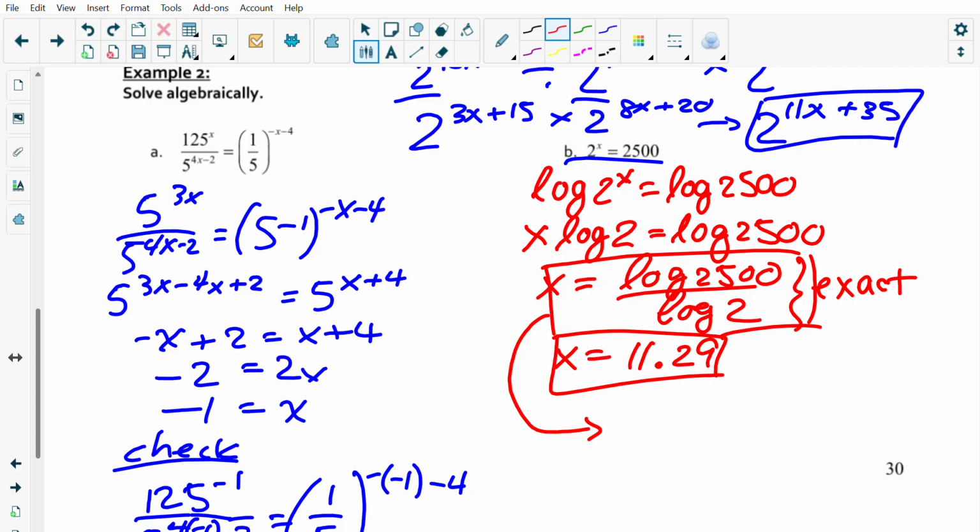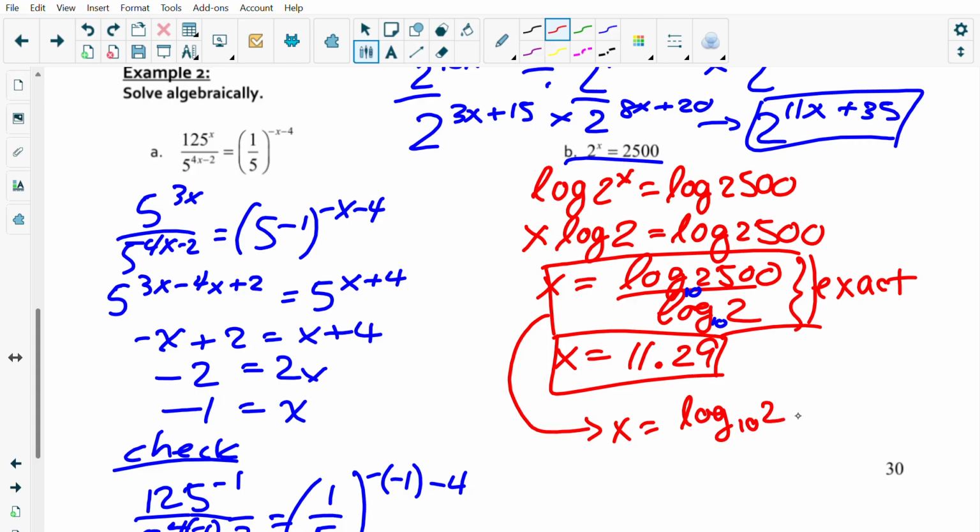Or the other way, if they ask, write it as a single logarithm. Remember I have a base 10 here, right? So what I can do is use the change of base identity in reverse.